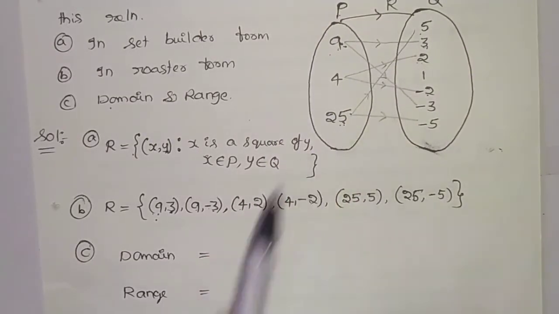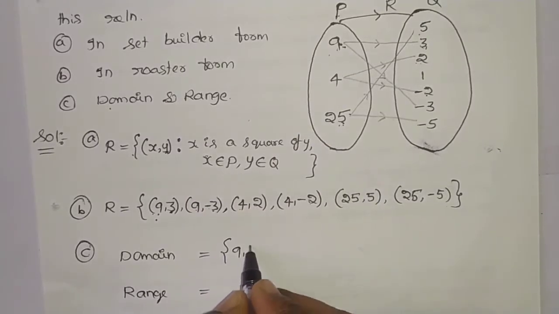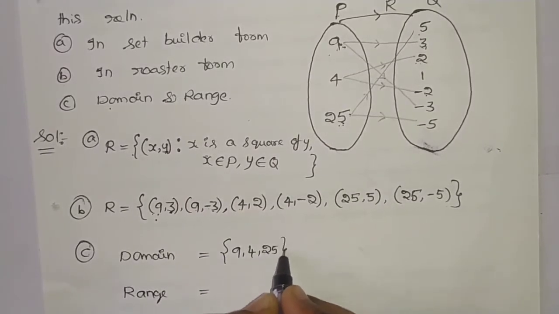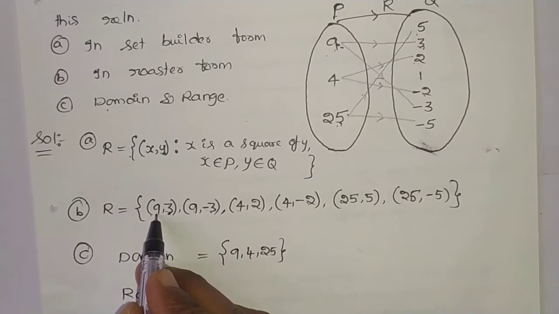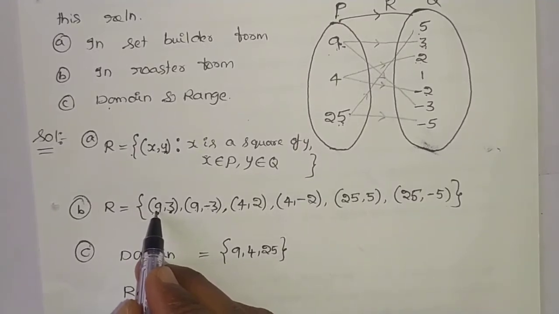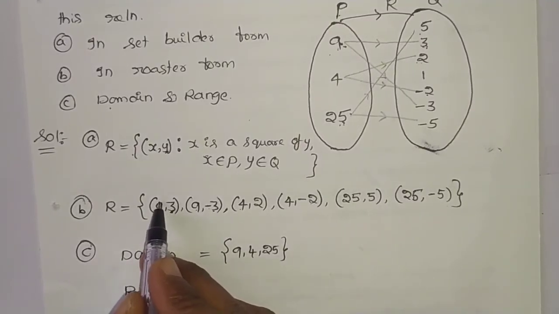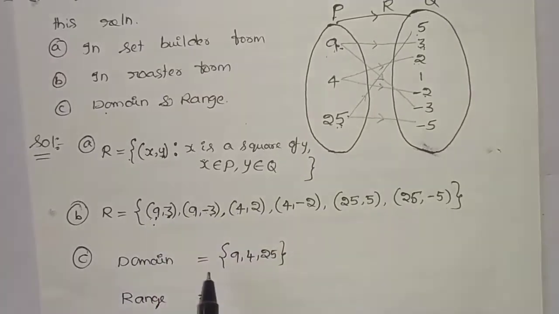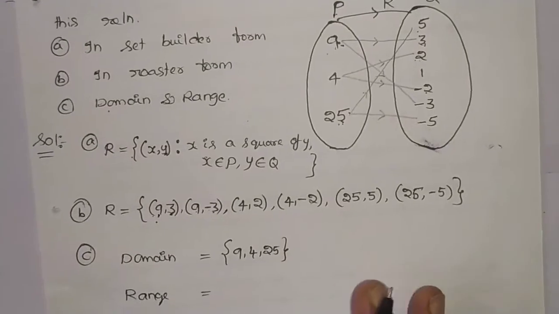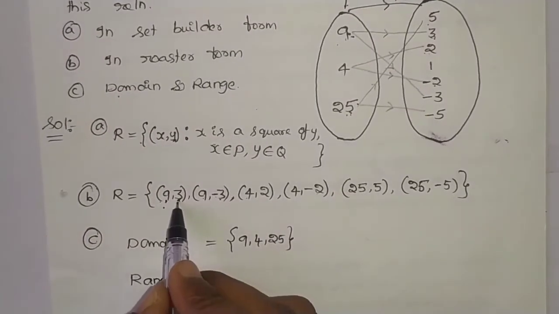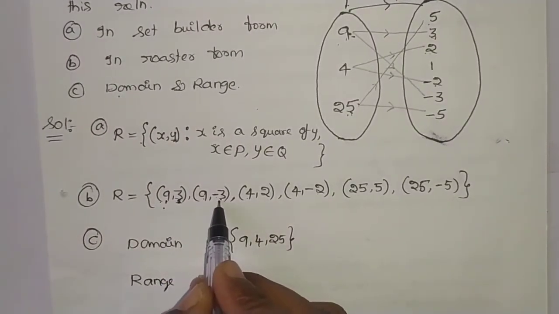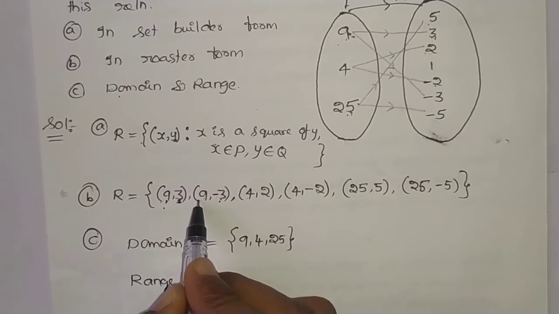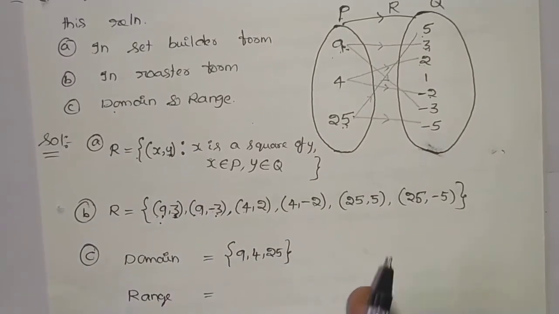The set of all the first elements of the ordered pairs in a relation R is called the domain. Range is the set of all the second elements of the ordered pairs in a relation R.